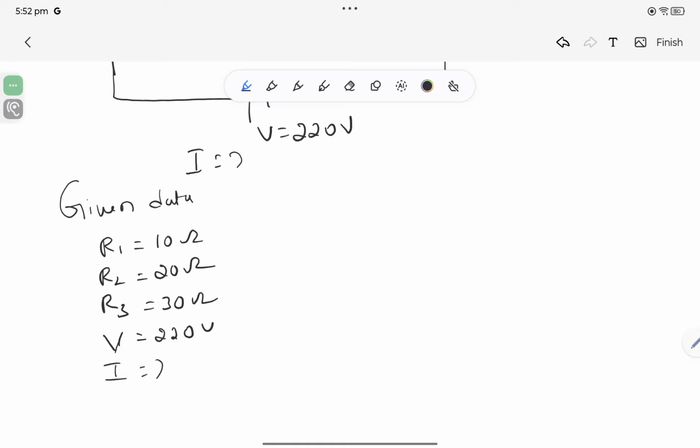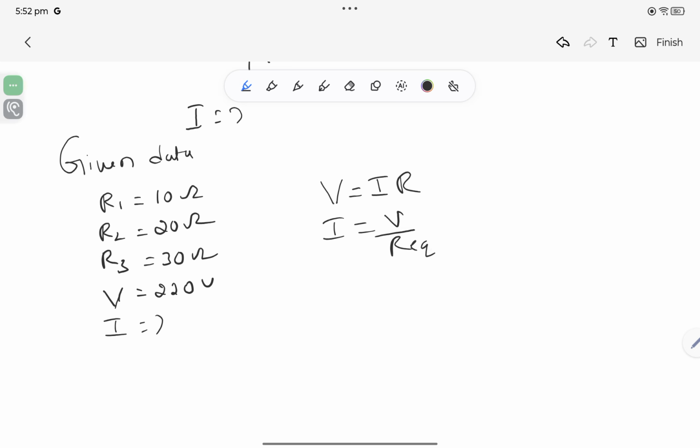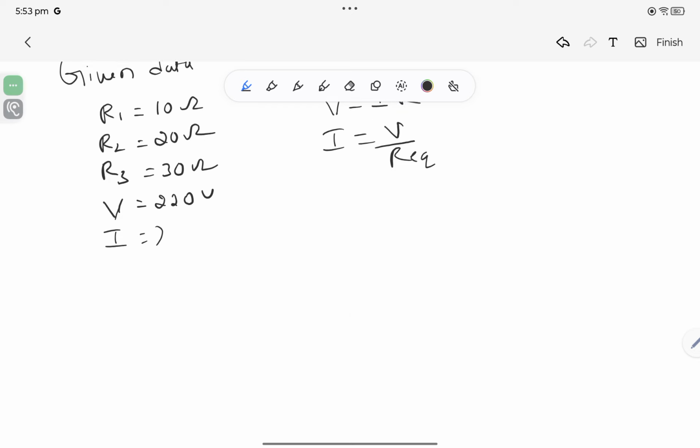So we can apply V is equal to IR, so I is equal to V by R. Here R is equivalent. So first you have to calculate R equivalent. To calculate R equivalent, what is the condition? 1 by R equivalent is equal to 1 by R1 plus 1 by R2 plus 1 by R3.